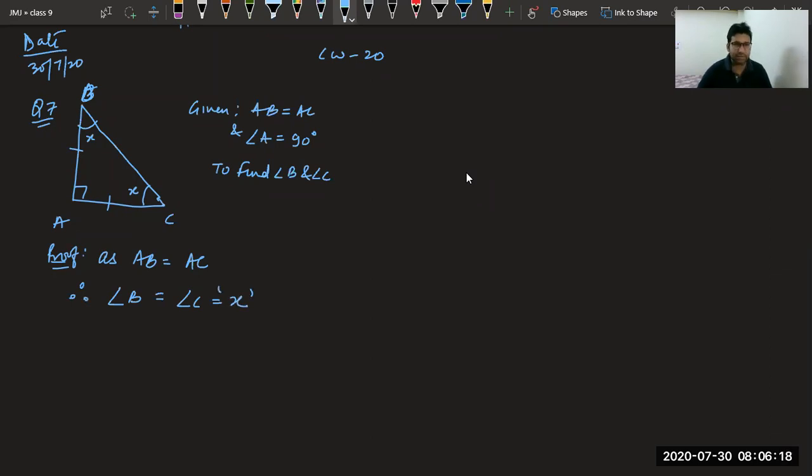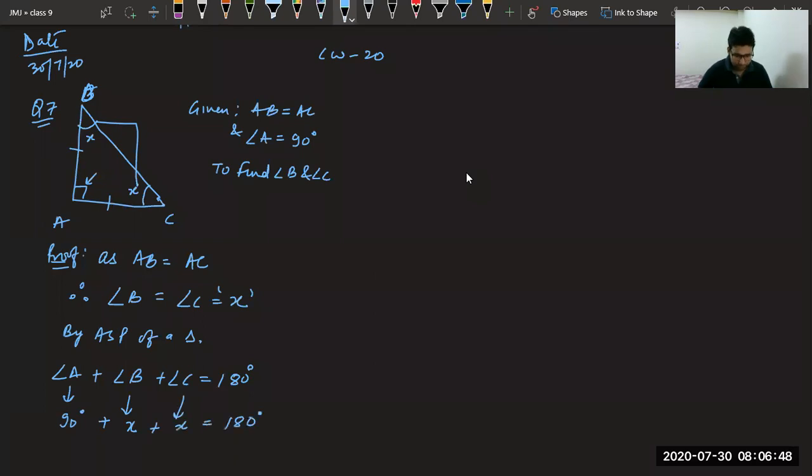Now I can say by angle sum property of a triangle, ASP, because it says angle A plus angle B plus angle C is equal to 180 degree, where we can put the values. Angle A we all know is 90 degree. B we have taken as X. C is same, X only, equal to 180. This will help us find X equal to 45 degree.